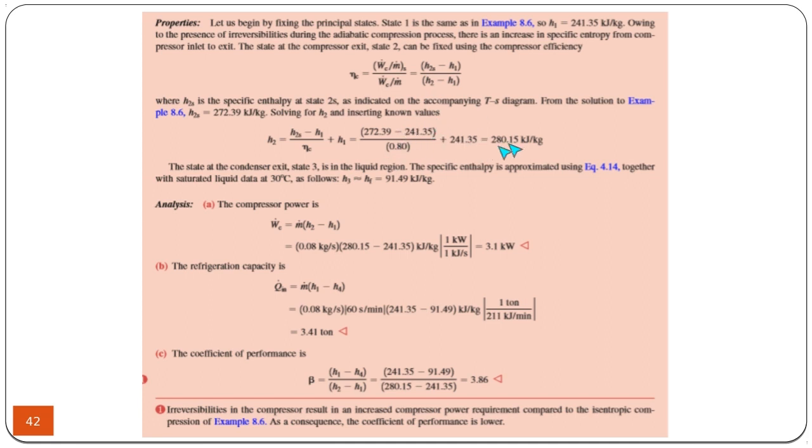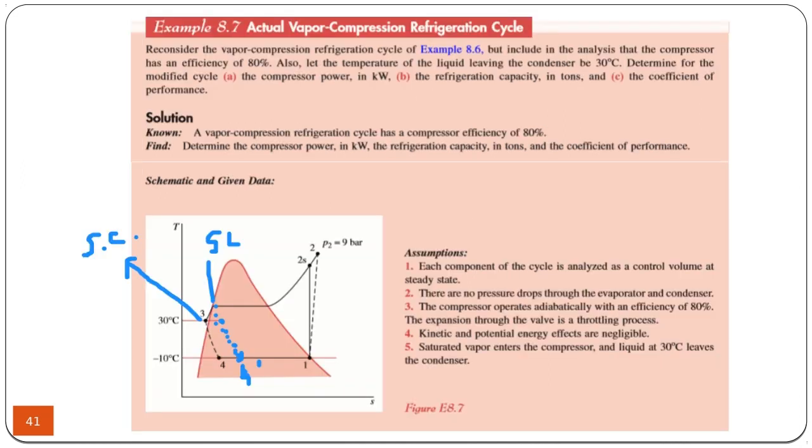With this 280, you can calculate the heat rejected at the condenser, and it means that the cooling capacity has increased. Why? Because, as you can see, the area has increased when the exit of the condenser is now a subcooled liquid.